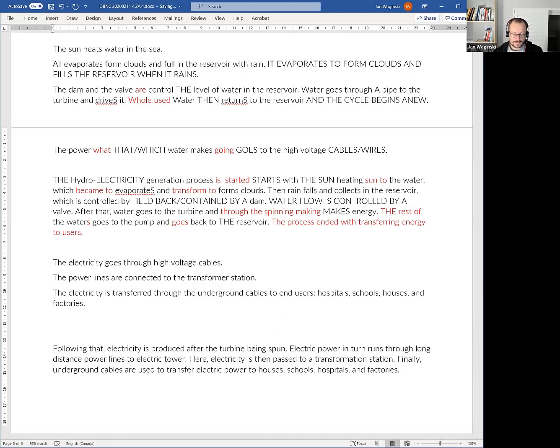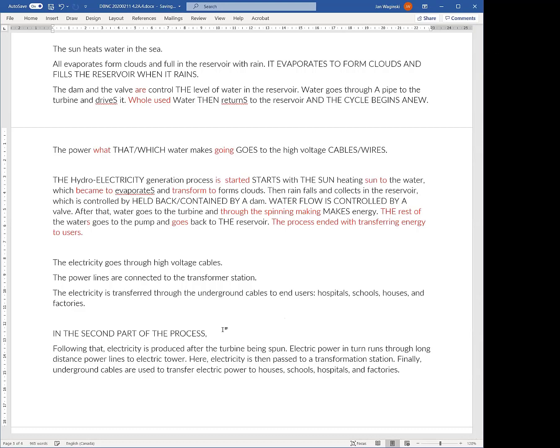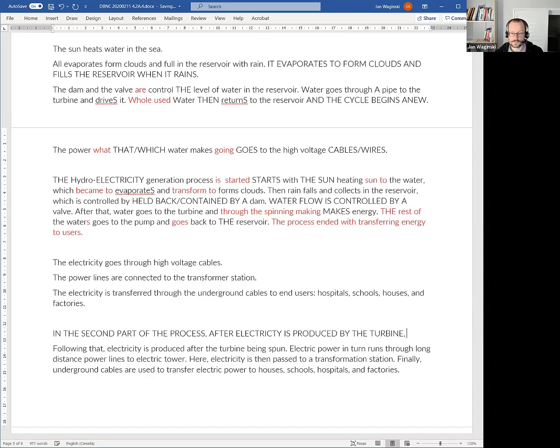I would be more direct and say, in the second part of the process, or in the second stage of the process, after, because you mentioned this already, right? After electricity is produced by the turbine, what happens?